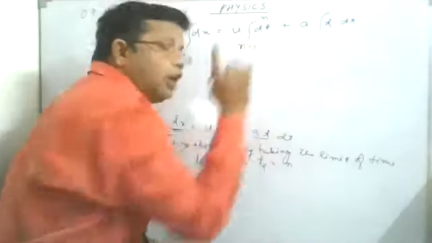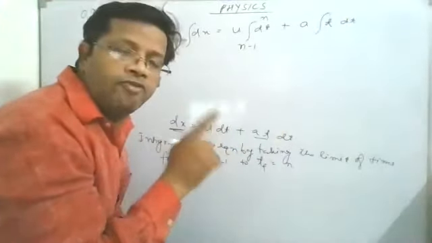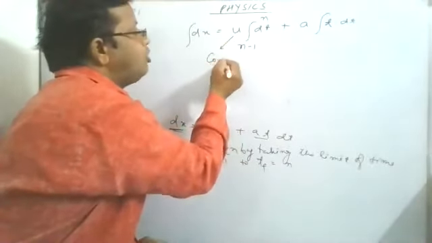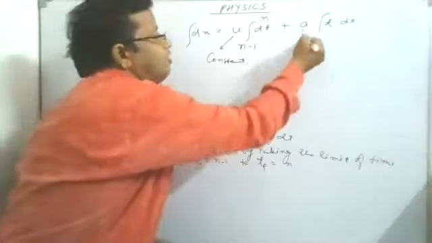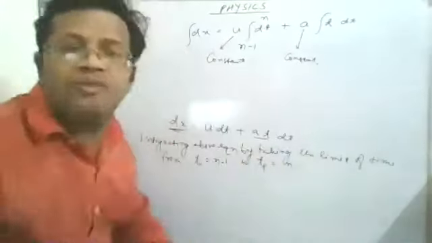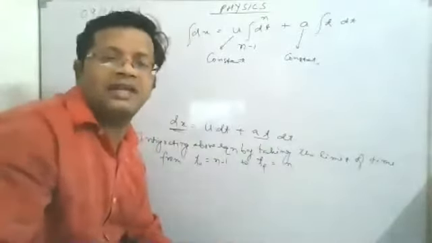But see here, in this uniformly accelerated motion, u and a are constant. So we always put constants outside the integration. u means initial velocity and a is acceleration.